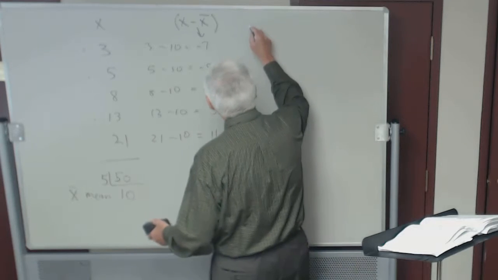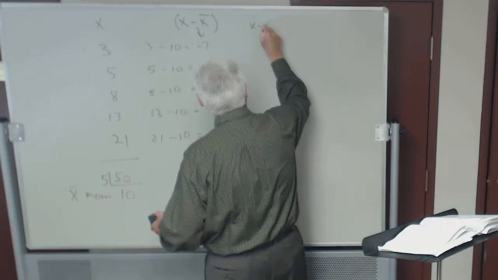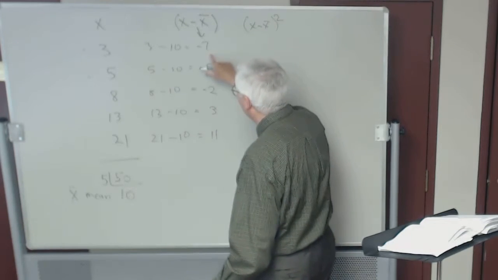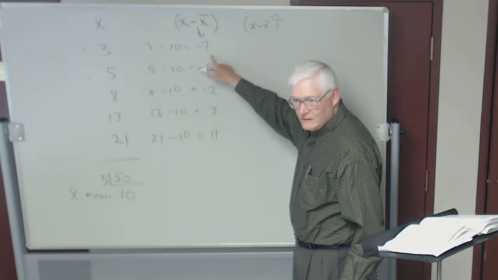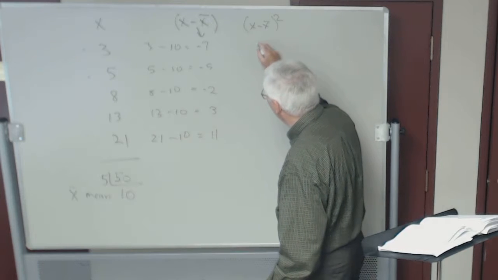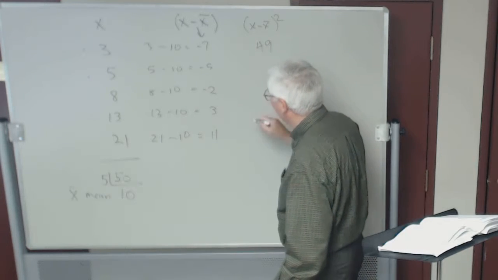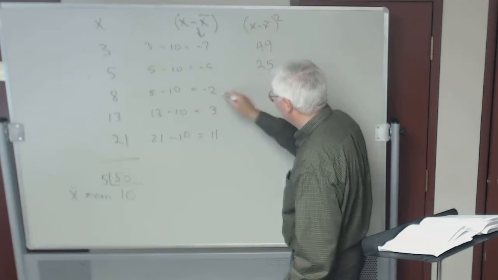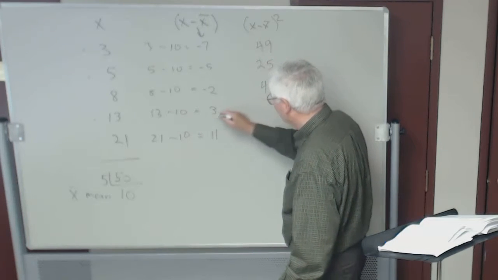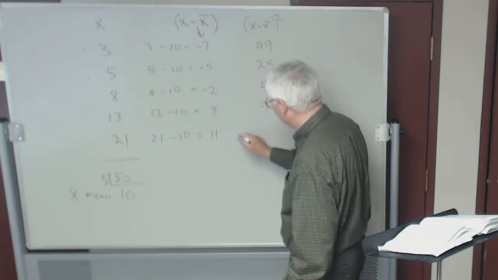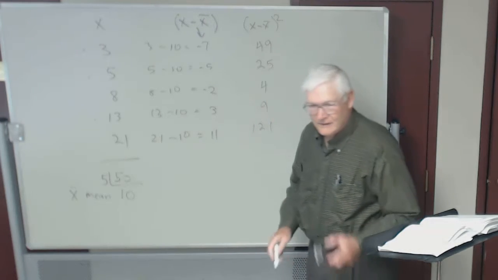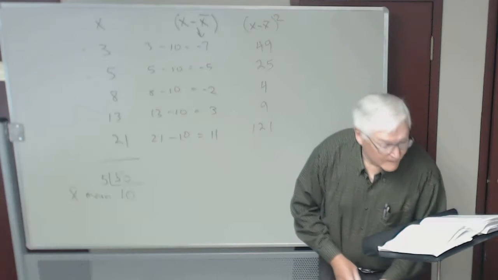Then I take this number, the score minus the mean, and do what? Square it. What's -7 squared? 49. What's -5 squared? 25. Negative 2 squared? 4. 3 squared? 9. 11 squared? 121.